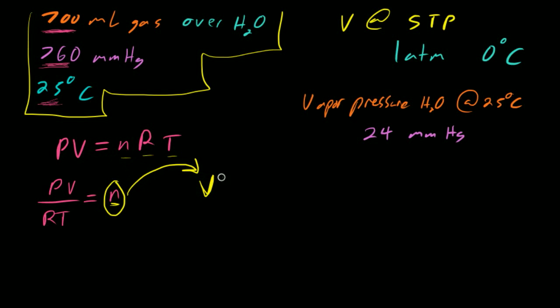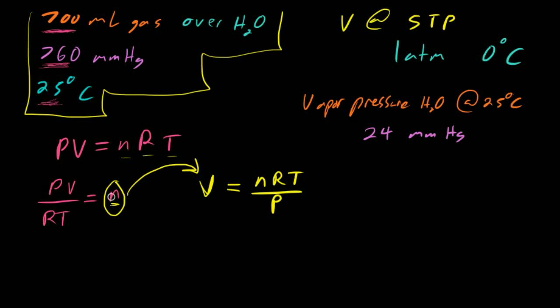The volume of our dry gas at standard temperature and pressure is going to be equal to nRT divided by P. So let's get started.